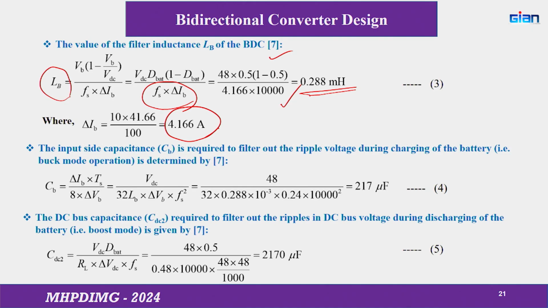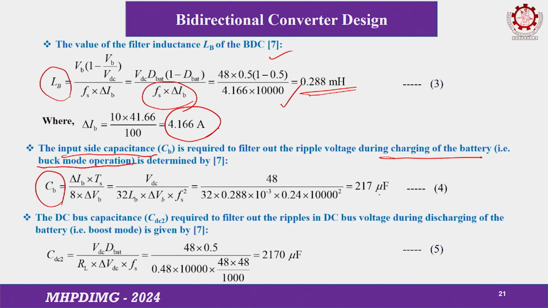To calculate the input side capacitance CB, it is required to take the voltage ripple during the charging of the battery. Charging of the battery means the buck mode of operation. Using the ampere-second balance, you can calculate the capacitance.